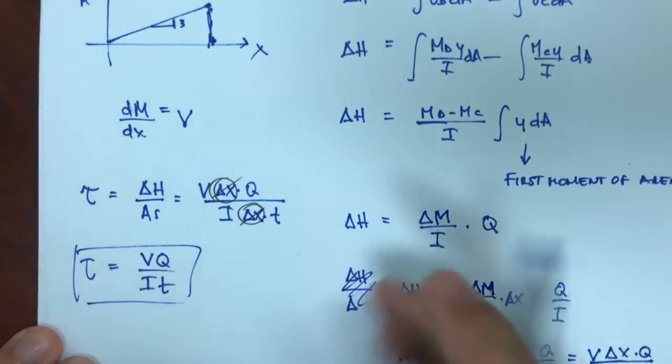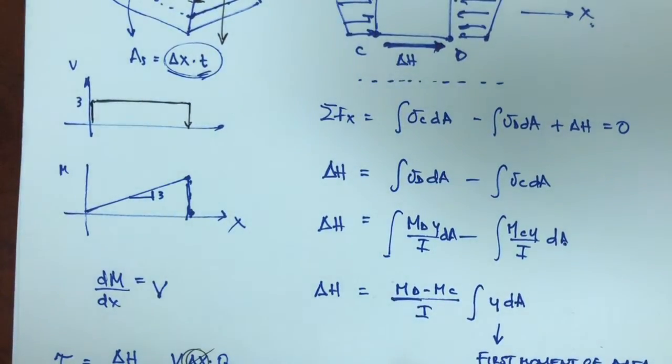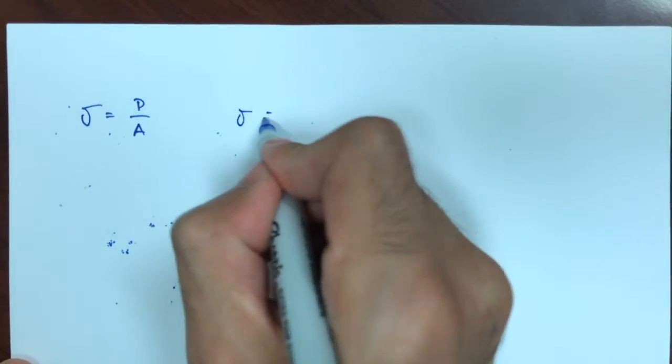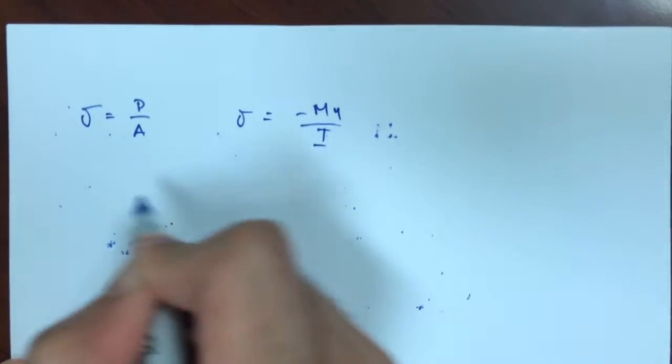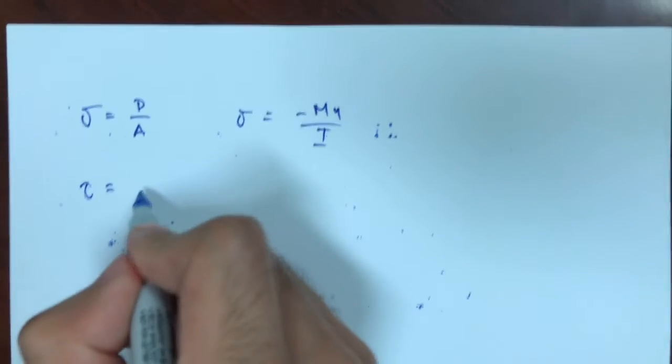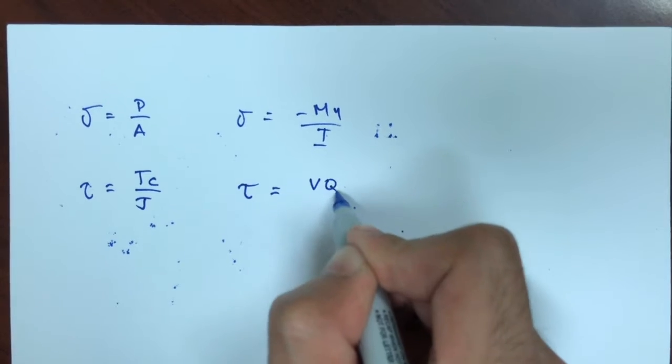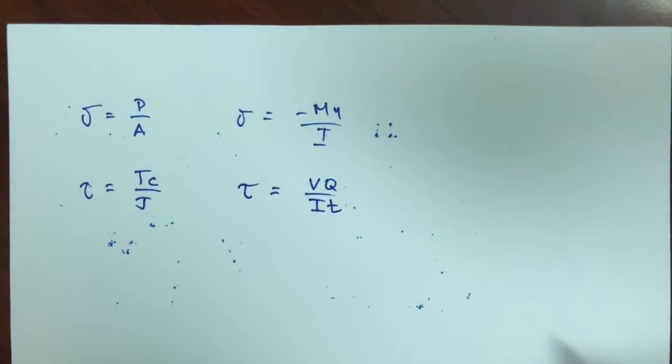Okay, so this is the last one that we needed to complete our four main types of stresses. I'll write them down one more time. Sigma is P over A, but also from bending minus My over I, shearing from torsion Tc over J, and the shearing that we just did, VQ over It.